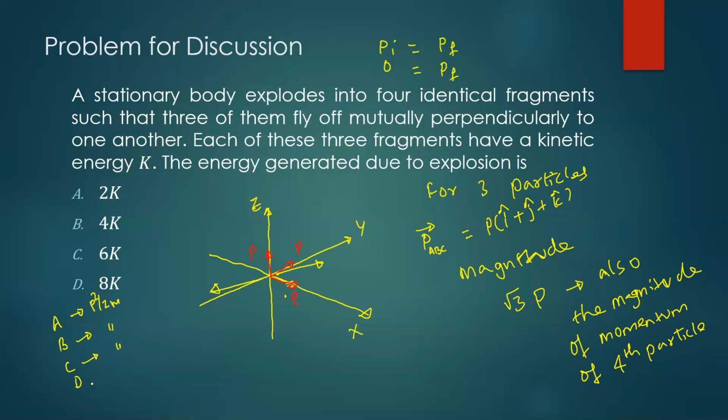D will have linear momentum 3p, so that will be 3p square by 2m. So you can see this is k, k, k, and this is 3k. So the answer is 6k. Very nice, so you got it right. 6k is correct.